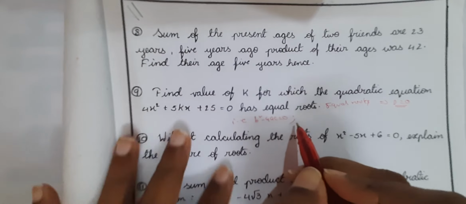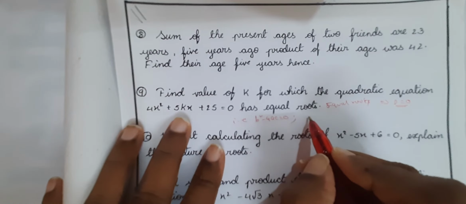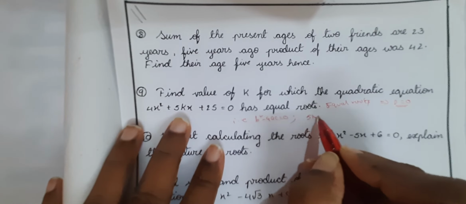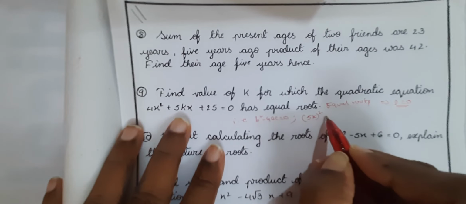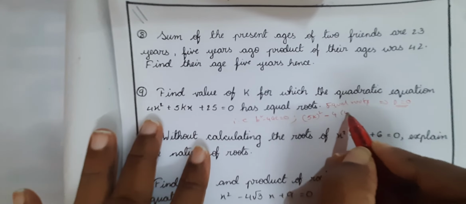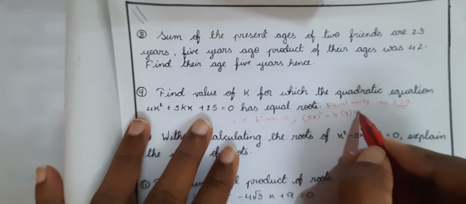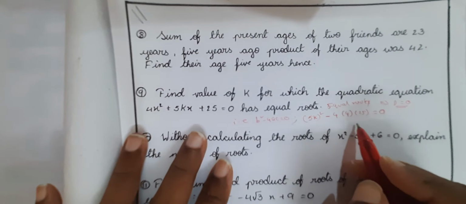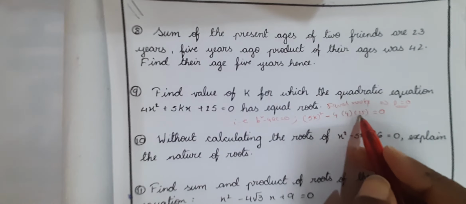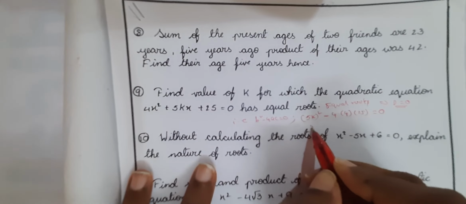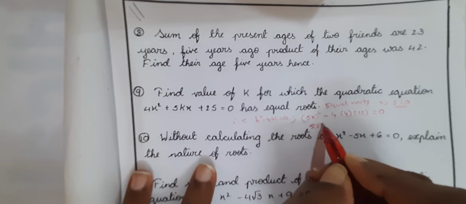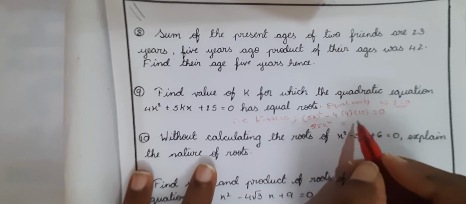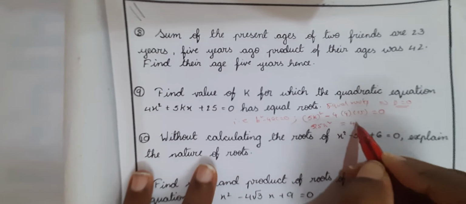So now substitute that one. B square is (5k) whole square minus 4 into a, which is 4, into c, which is 25, which is equal to 0. So 4 into 25 is 100. This is minus 400. So 25k square is equal to 400.